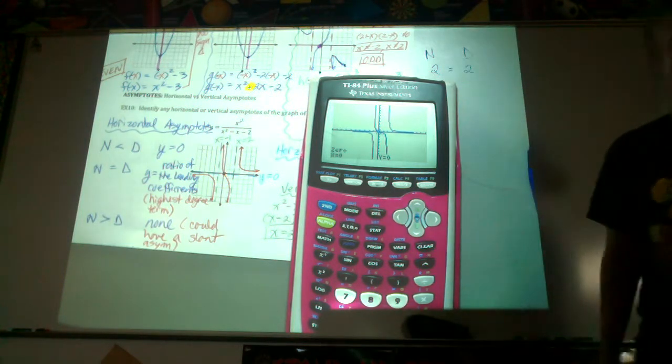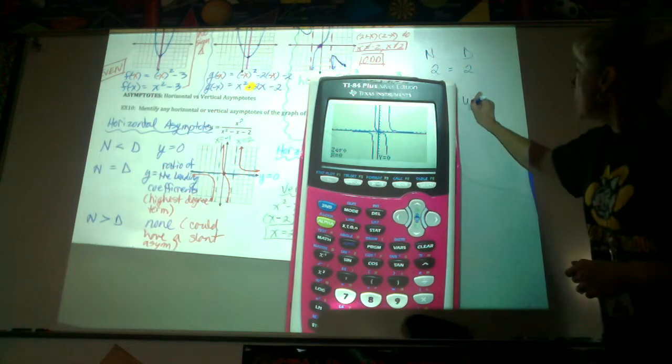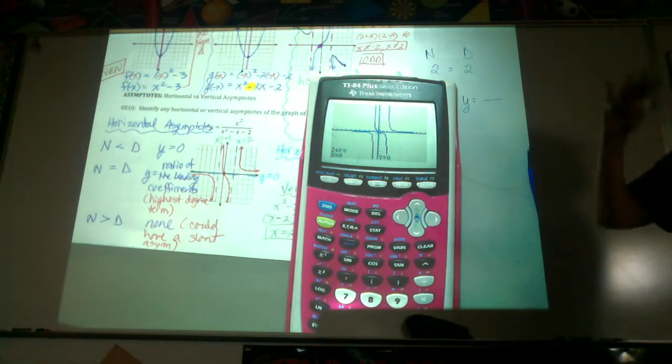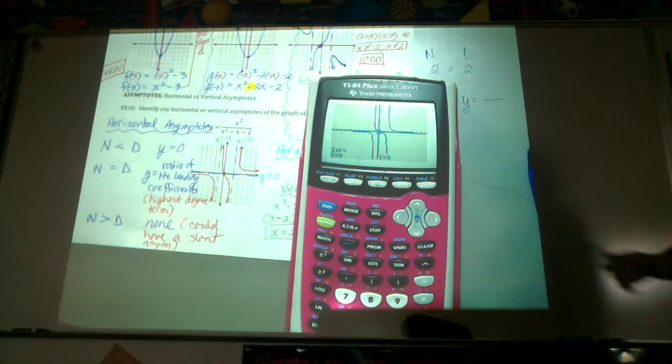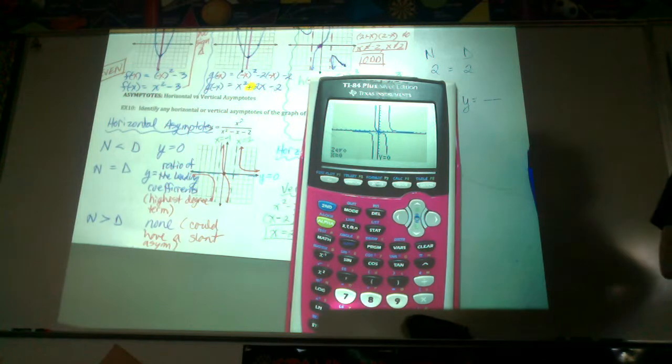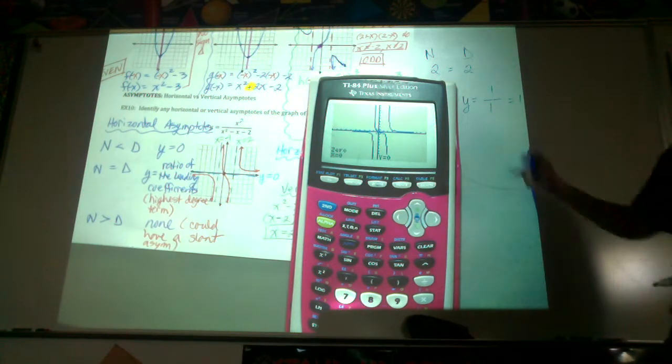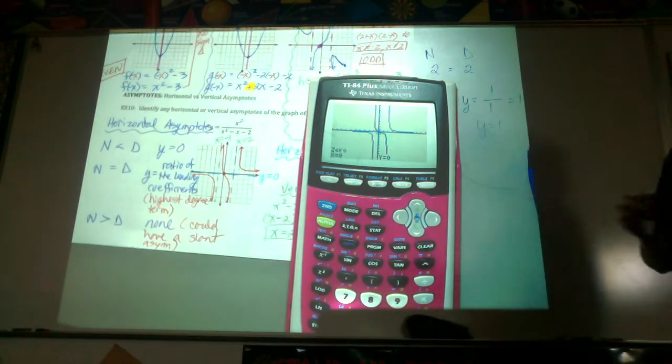Aren't they equal? So that means that my asymptote is y equals the ratio of the coefficients of the leading terms. So my leading terms are x squared and x squared. What are their coefficients? 1 and 1. So wouldn't my horizontal asymptote be y equals 1?